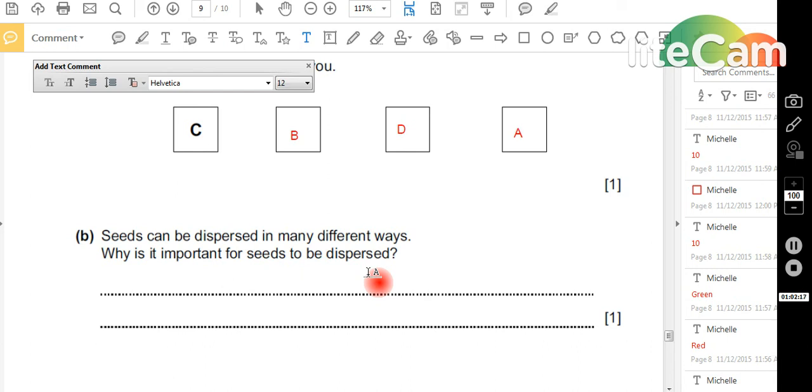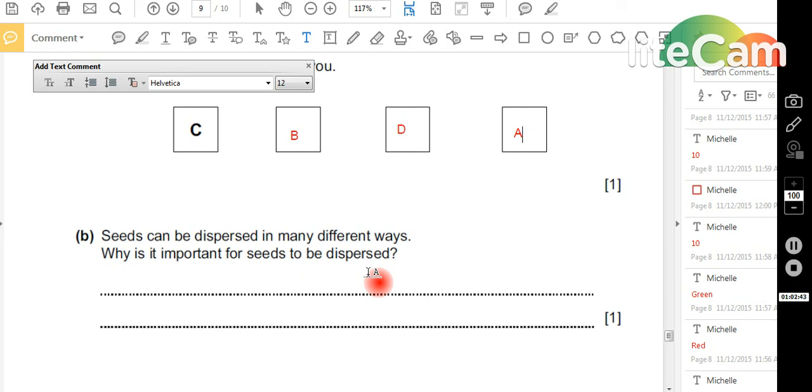So we want to decrease competition. But why else do we want to have the seeds dispersed? Let's say all the cactus plants, let's go back to the cactus, just grow in this little one section of the whole province.